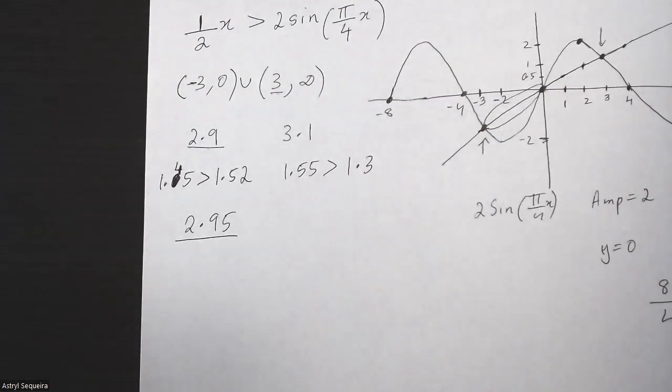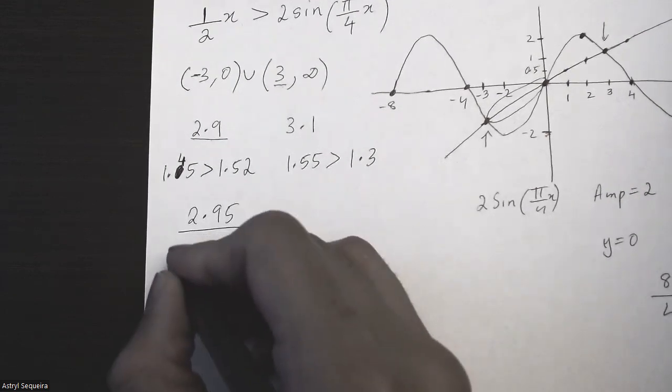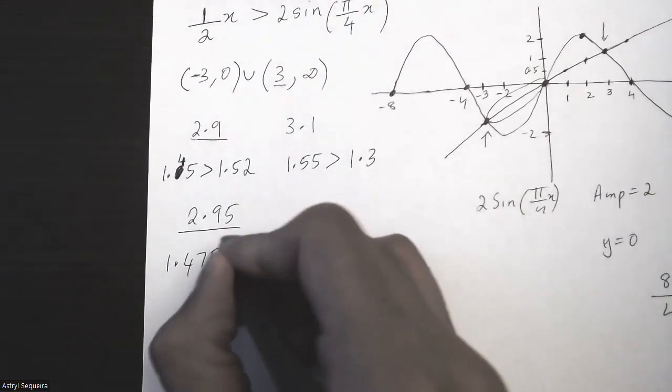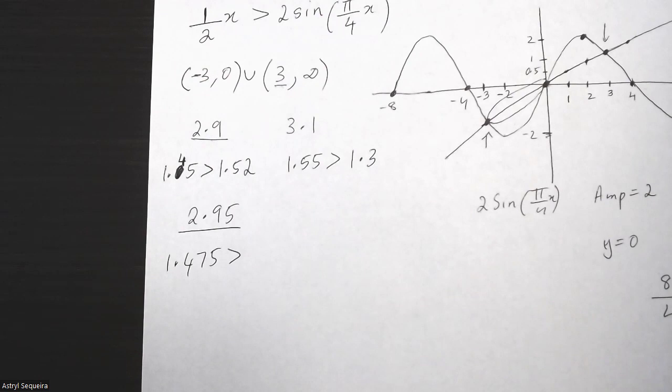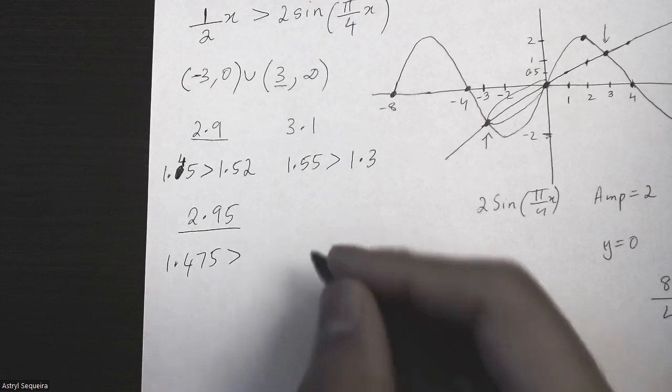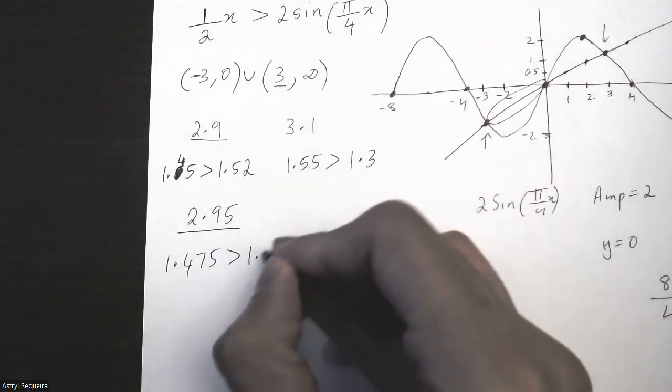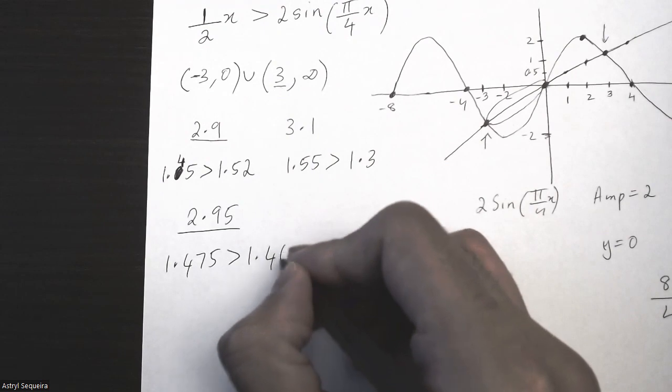If I put 2.95 in the first equation, I get 1.475. And if I put it in the second equation, I get 1.469.